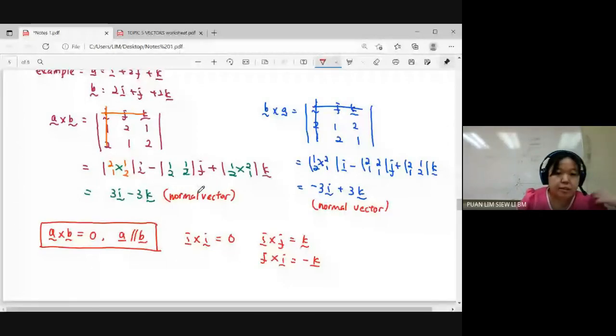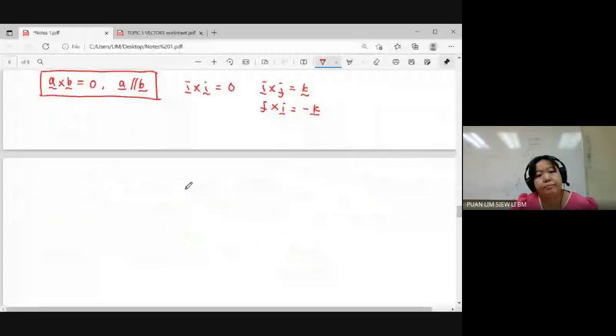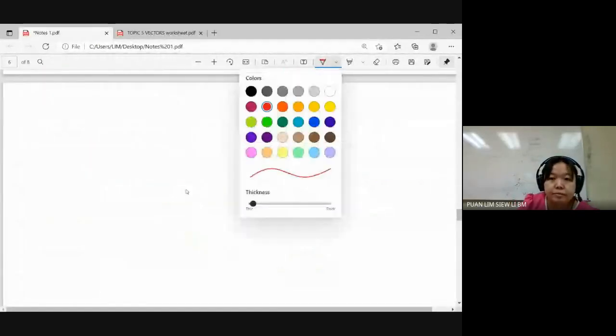Properties, the cross product properties. The first one: the result of A cross B is always perpendicular.